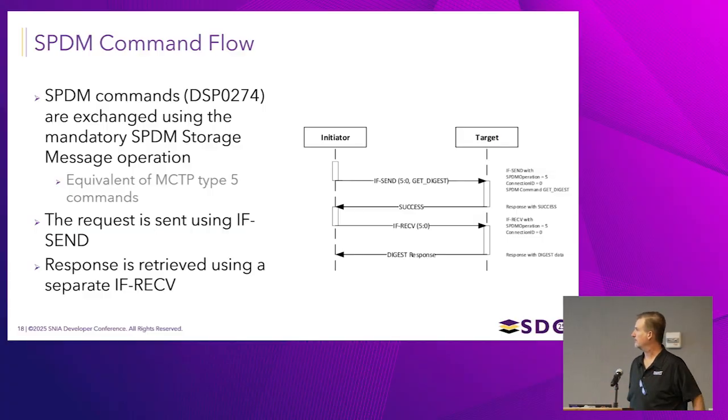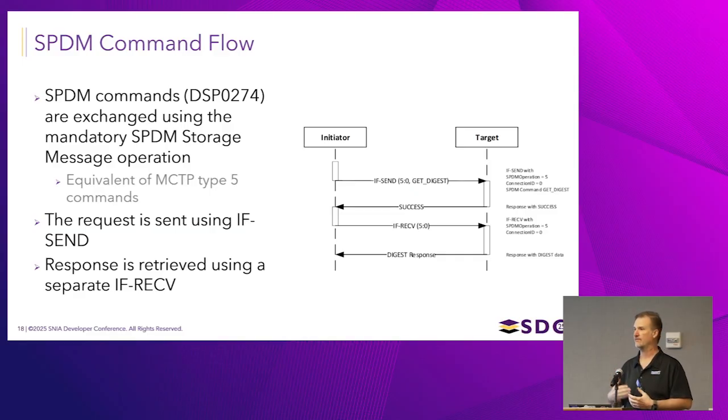Yeah, general command flow. So how does the exchange work? This is really just the high level, but it should be familiar to everyone in storage. Storage devices traditionally, especially SAS and SATA, do not start traffic on their own. So with the storage binding, we had to follow much more of a storage flow, which is there's a send side of the equation where you would send a request, you would send any data along with that request, and you get a response to that.